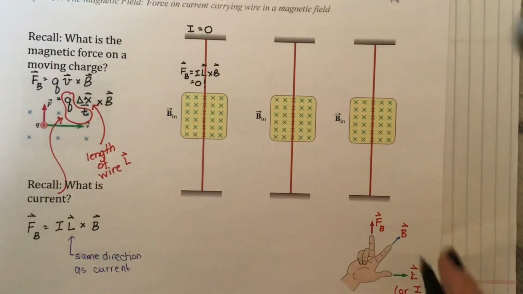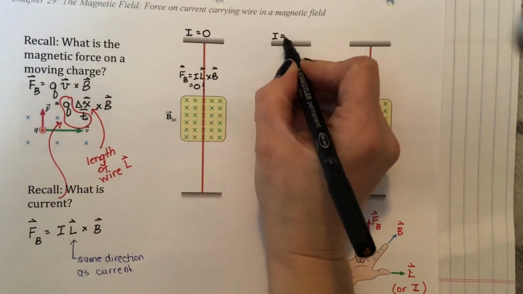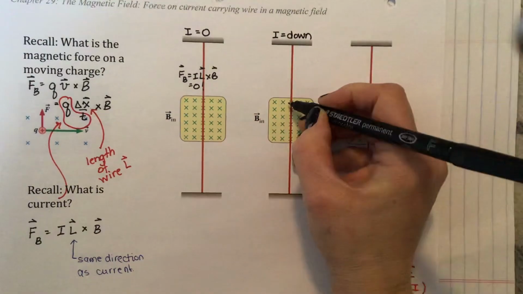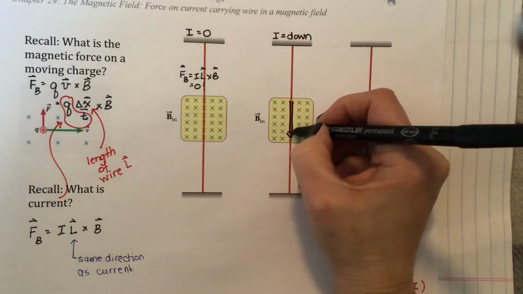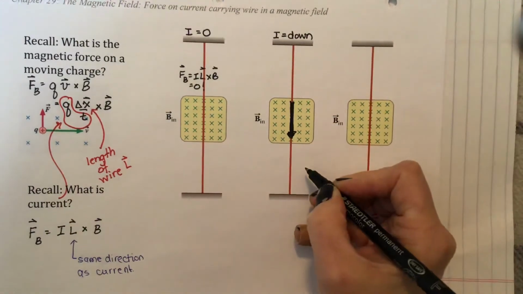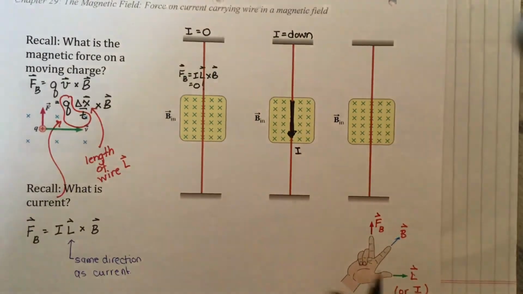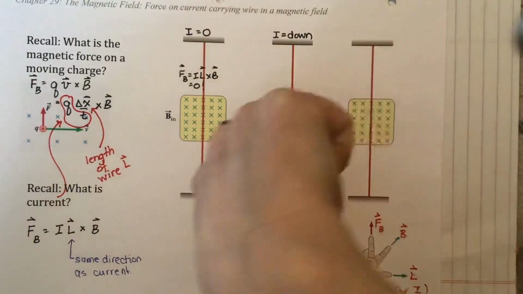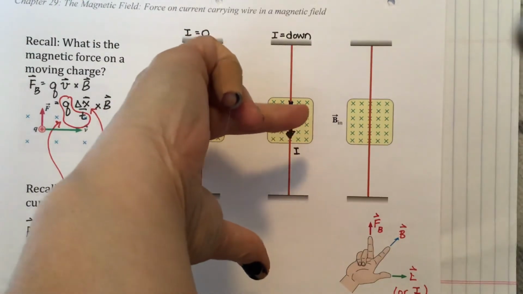Next one, let's have the current, but let's make it flow down the wire. So I equals down. So let's draw that current on our wire. So there's our current I. Let's see if we can figure out the direction of the force. We put our thumb in the direction of the current, our finger in the direction of the magnetic field, and our extended middle finger shows the direction of the force.